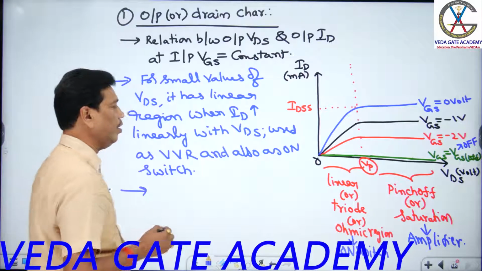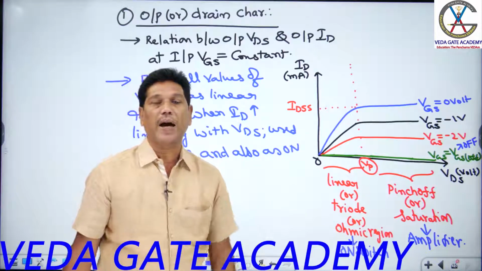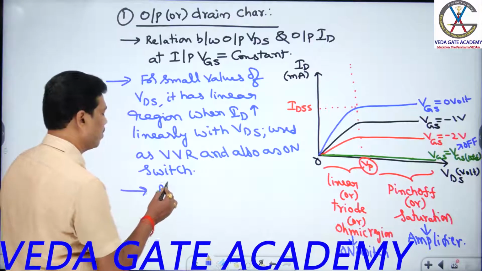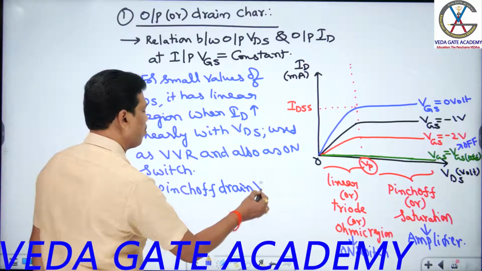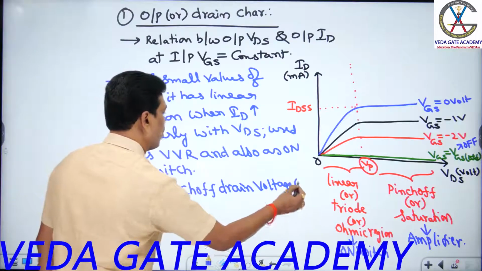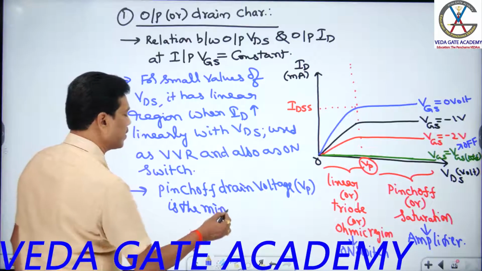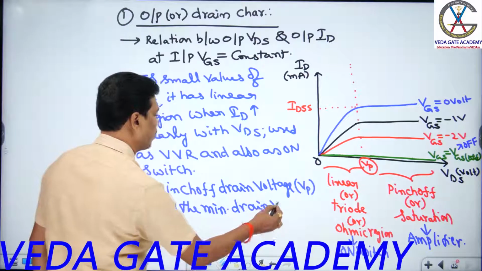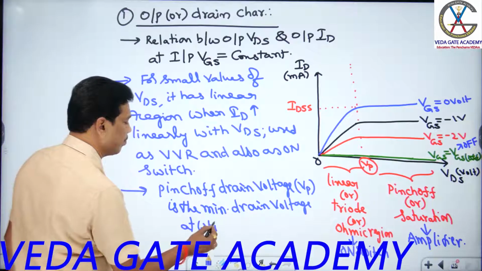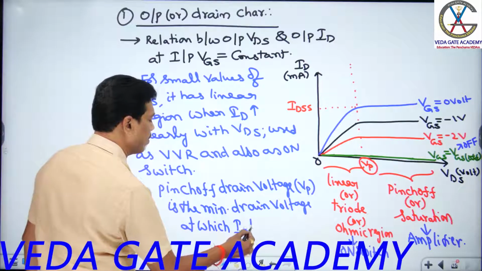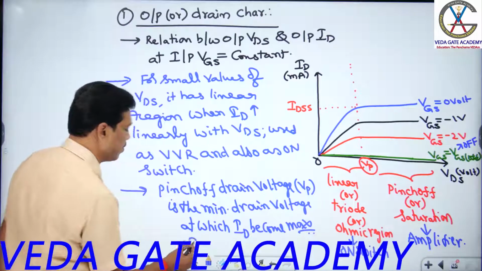Okay. So what is this VP, sir? Pinch off drain voltage. It is the minimum drain voltage at which the drain current is maximum and constant, right? Pinch off drain voltage, students, VP, is the minimum drain voltage at which ID becomes maximum and constant.